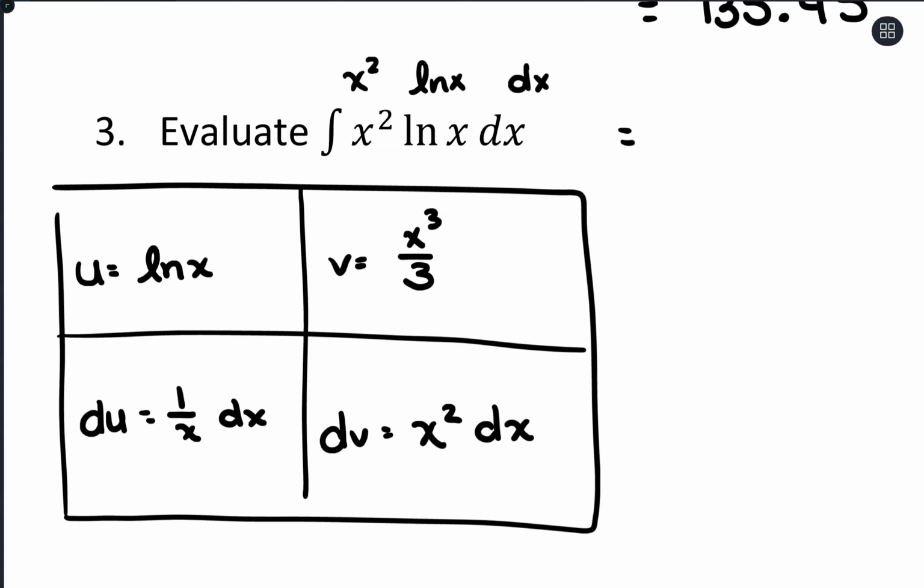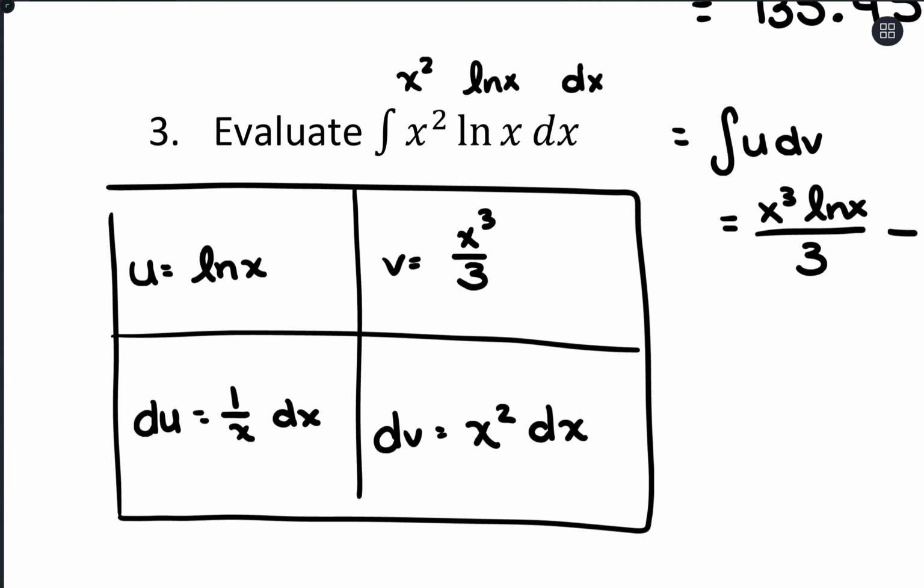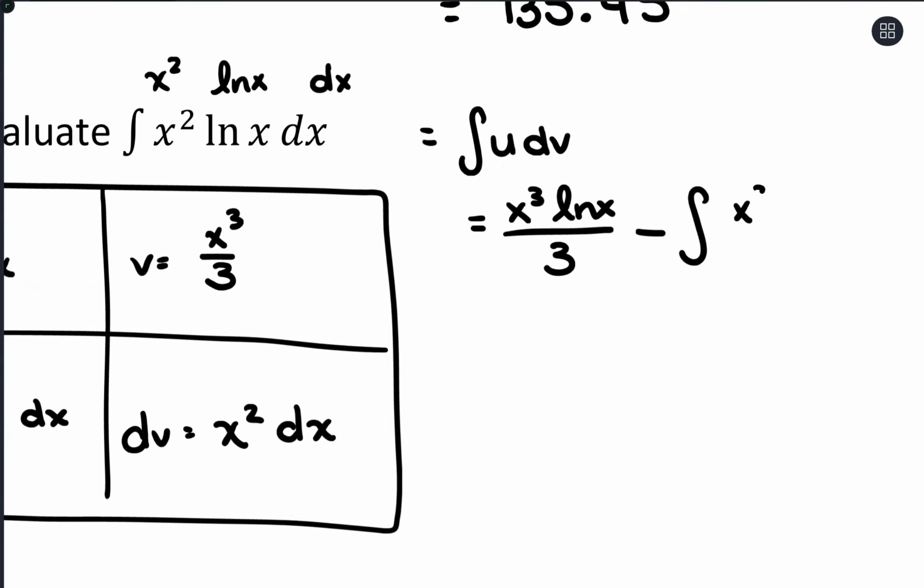Okay, so we're taking the antiderivative of u dv. So this is going to be u times v, so natural log of x times x cubed over 3, minus the antiderivative of v du. So x cubed over 3 times 1 over x dx.